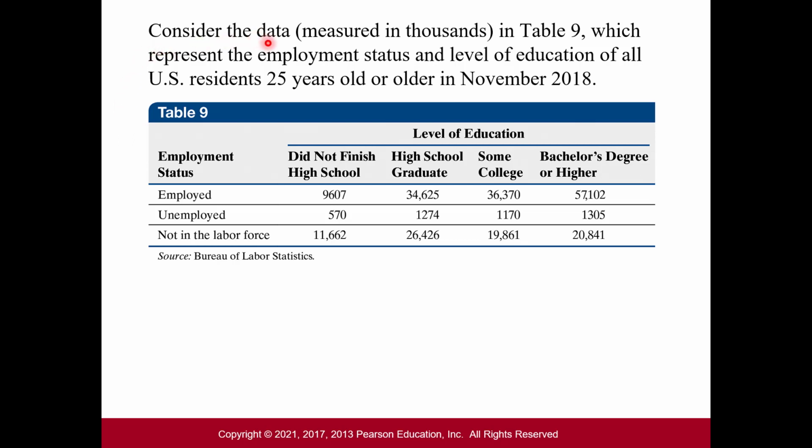So consider the data, measured in thousands in this table, representing the employment status and level of education of all U.S. residents 25 years or older as of November 2018. Notice our table has rows, which correspond to the employment status, and columns, which correspond to the level of education.